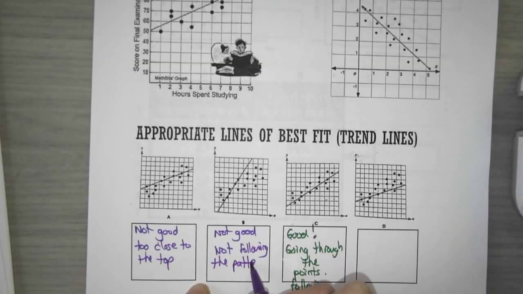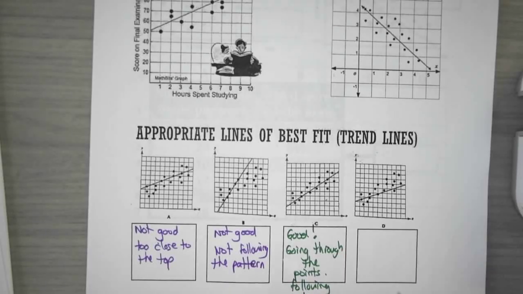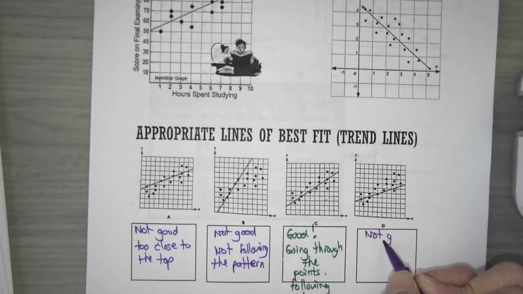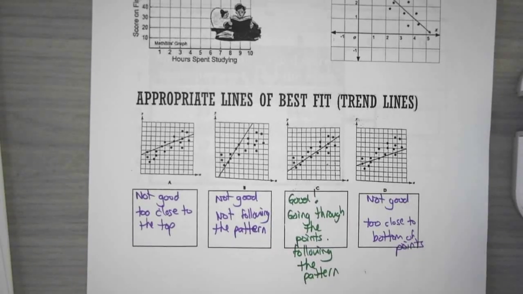It says to walk up to the right, and you're tilted too far. So you're not following the pattern. And this one here, sorry, also is not good. It's too close to the bottom of the points. Okay, does that make sense? Hopefully.